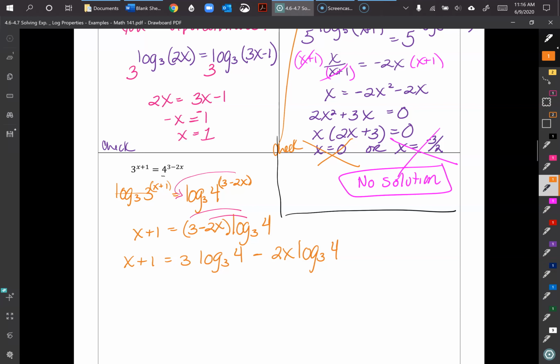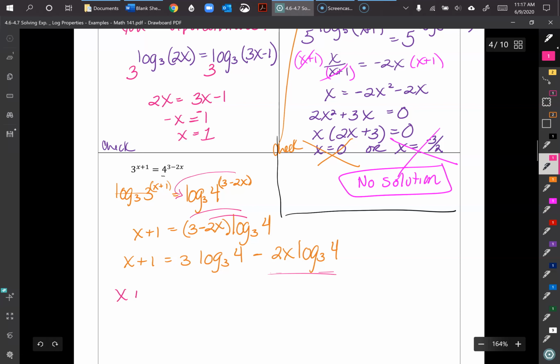And what I'm trying to do at this point is get x by itself. So I'm following the same pattern we would use for solving literal equations. We would free up the variable by distributing, right? And then get all the x stuff to one side. So now I'm going to do that here. I'm going to add this 2x log base 3 of 4 over here.